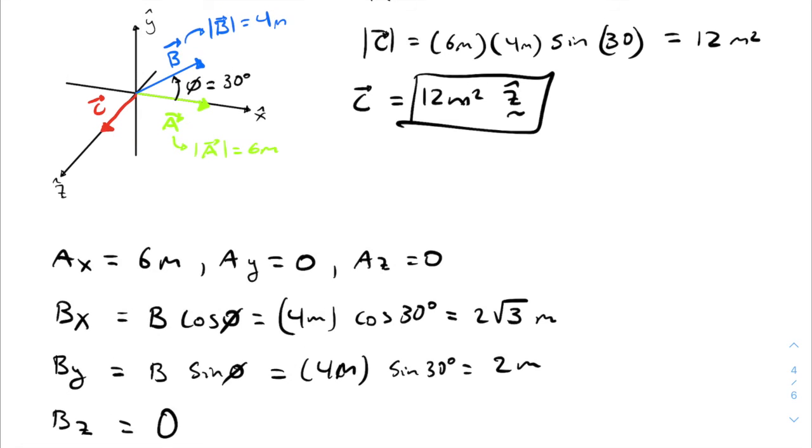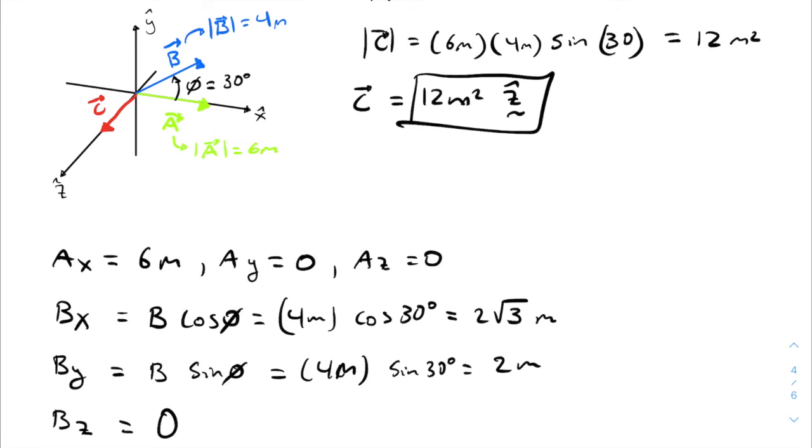Now we can use the components, and as we can see here, vector A only lies in the X coordinates, so we have that AX is equal to 6 meters, AY is equal to 0, and AZ is equal to 0.